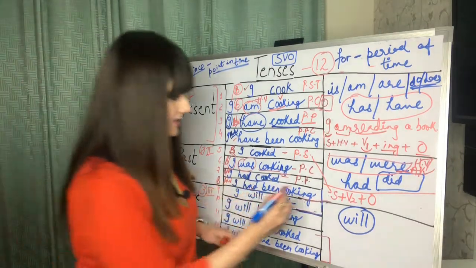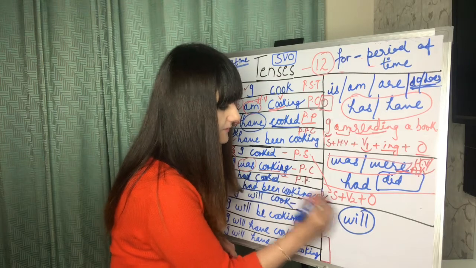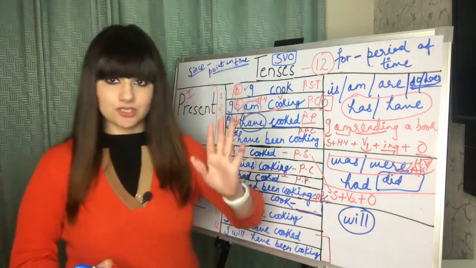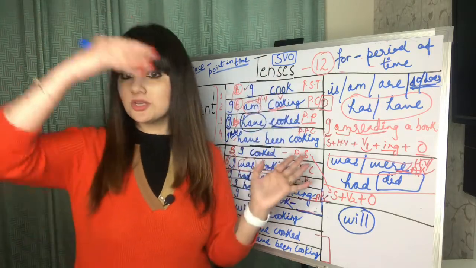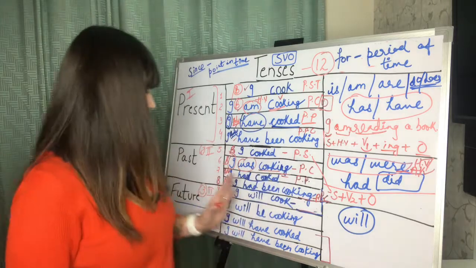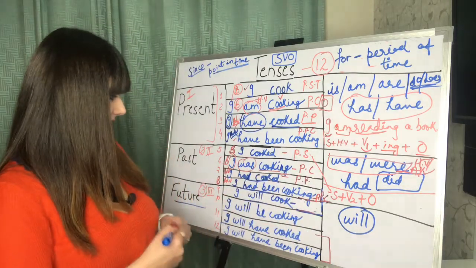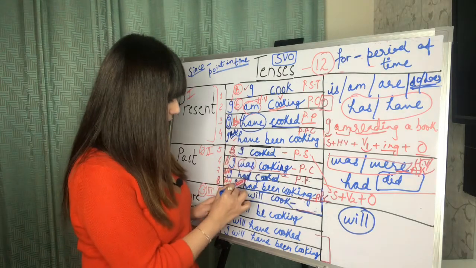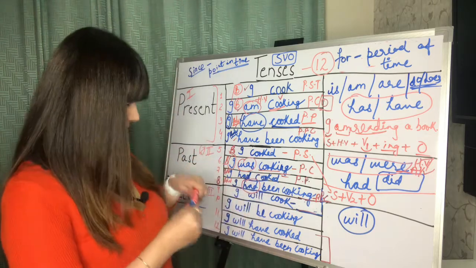Next tense is the past perfect continuous tense. What does it mean? An action happened in the past and was continuing in the past only. I had been cooking. What I've done here is that instead of have, I'm using had, so that's the kind of helping verb you have to use here.